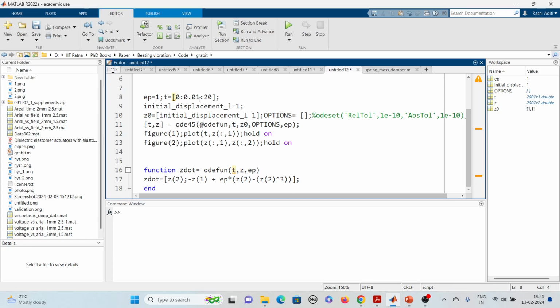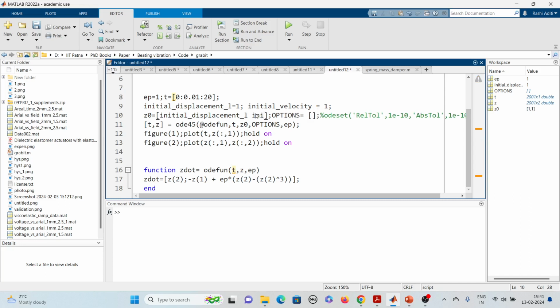Again, I'll simulate the system from 0 to 20, and I've taken the initial displacement as 1 and initial velocity as 1. I'll just use this expression, initial underscore velocity, instead of writing 1 here.